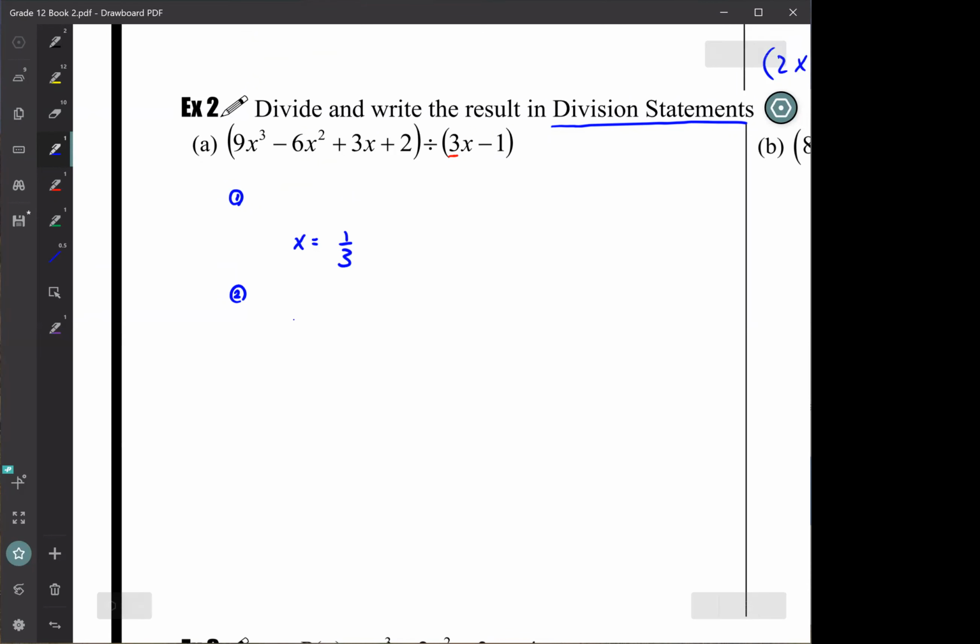All right, so go ahead. Okay, we are not doing long division. Whenever the degree of the divisor is 1, we just use synthetic. All right, so 1/3 outside, just write the coefficients inside. There's no missing term, so it's okay.